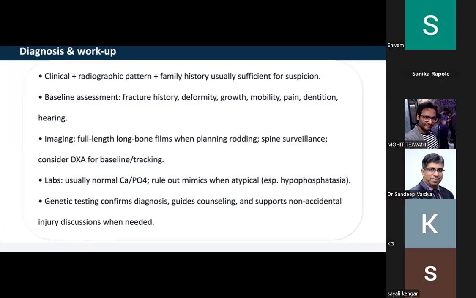So when it comes to diagnosis and workup, in most of these cases clinical examination, radiographic pattern and family history can lead to a strong suspicion, which can then be confirmed by genetics.